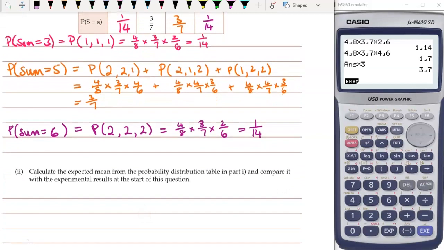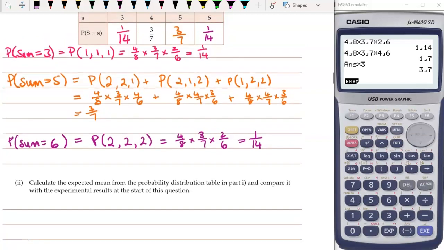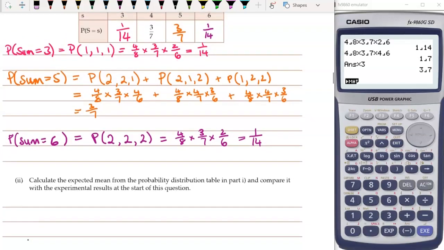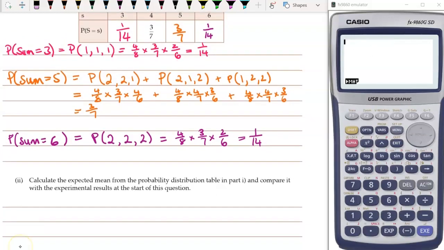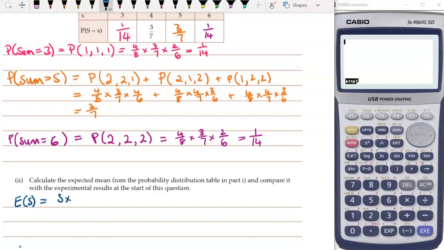Okay, calculate the expected mean from the probability distribution table in part 1 and compare it with the experimental results at the start of this question. Okay, so expected mean is the expectation of S. So that's 3 times 1 over 14, 4 times 3 over 7. What I'm doing here is taking the value and timesing it by the probability of it happening, and then adding that all up.